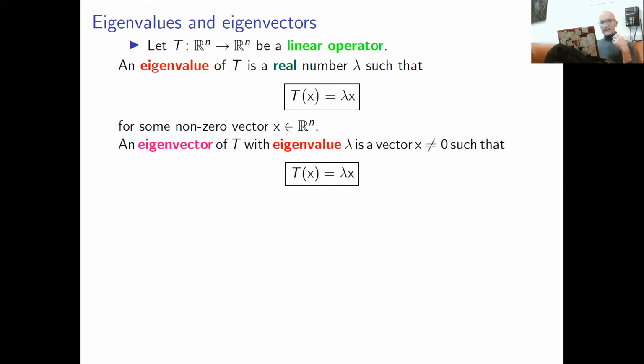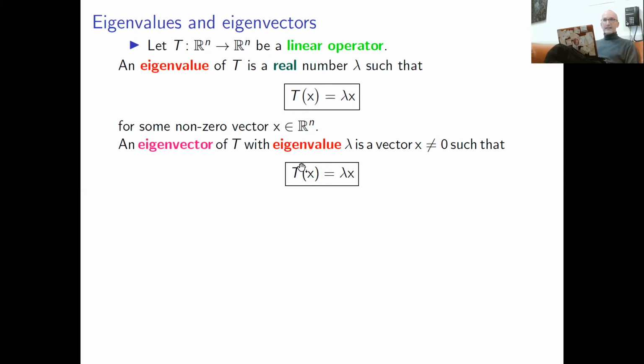So vector x is said to be an eigenvector of T with eigenvalue lambda if it's non-zero, and second, if you apply T to this vector, T of x, you get vector x multiplied by the number lambda. Let me stress, x is assumed to be non-zero.